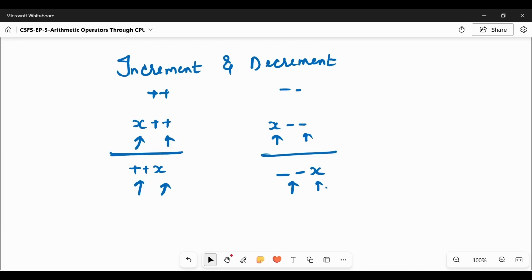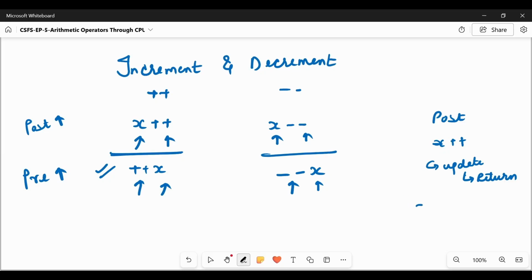So one is pre-increment, one is post-increment. In the post-increment, which is x plus plus, it is like update and return.